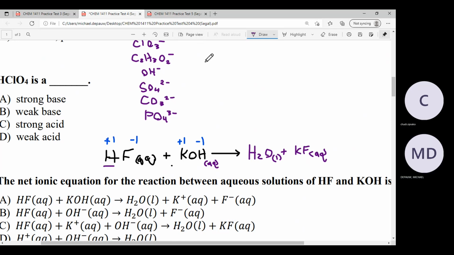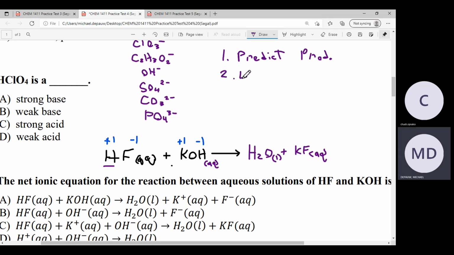So, number 1, predict products. Number 2, balance. And 3, split apart any aqueous strong electrolytes.